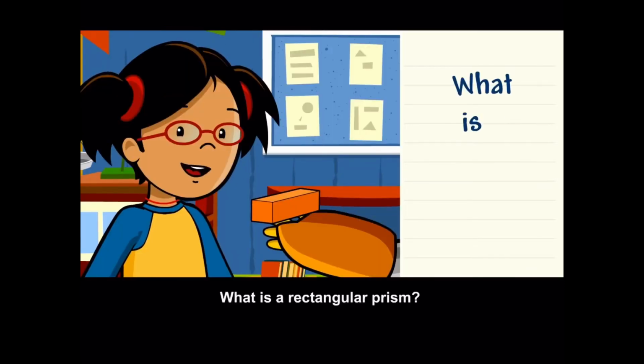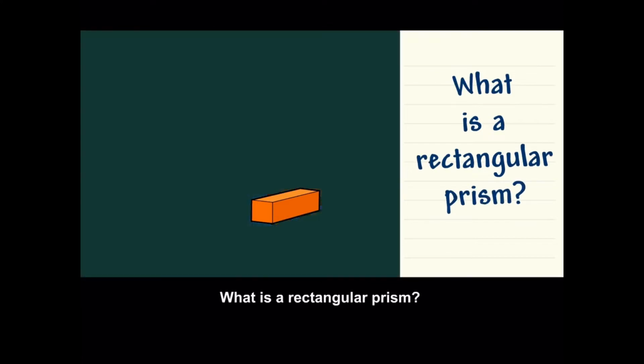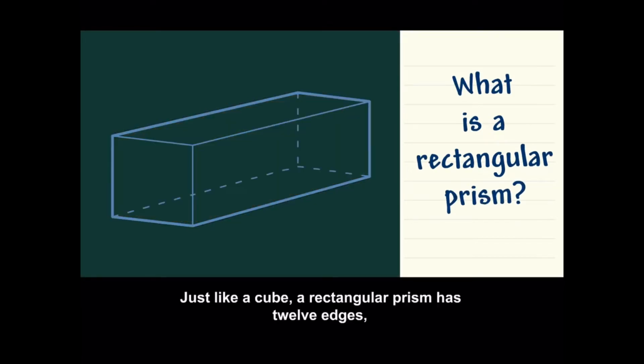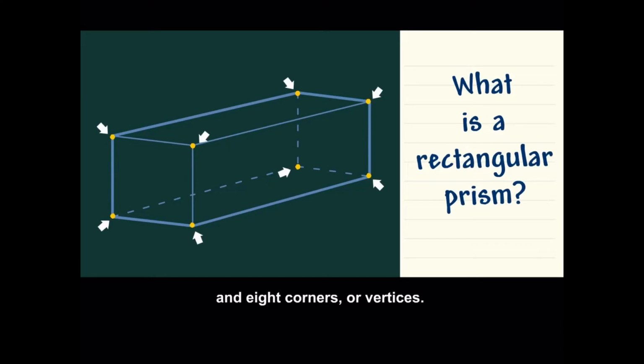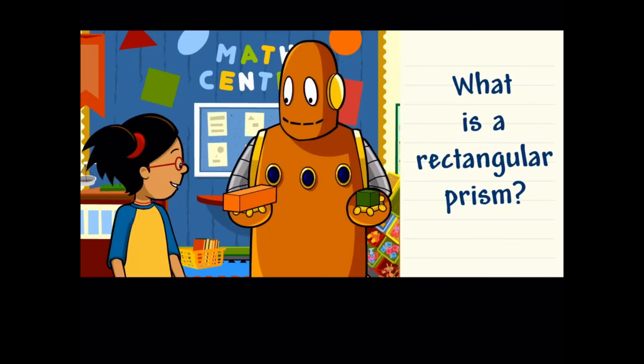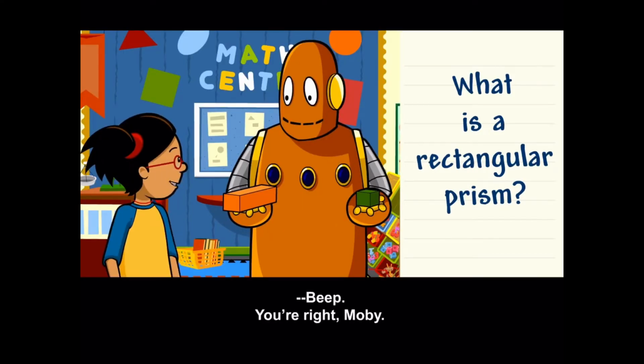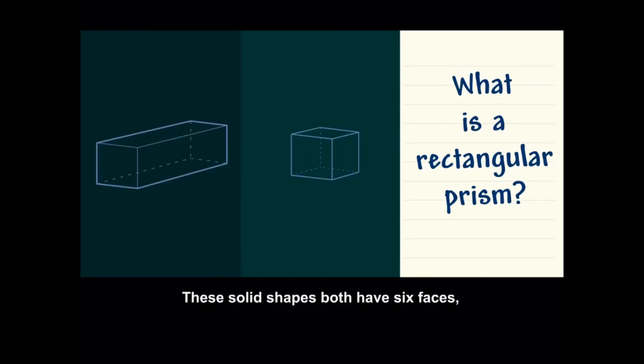What is a rectangular prism? Just like a cube, a rectangular prism has 12 edges and 8 corners or vertices. You're right, Moby. These solid shapes both have 6 faces.